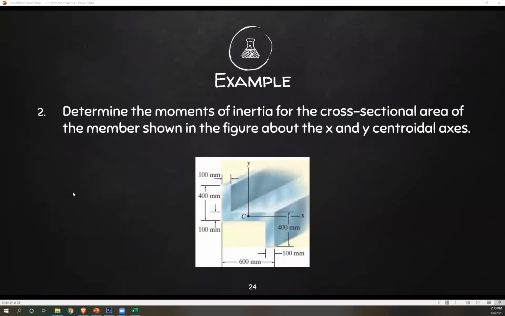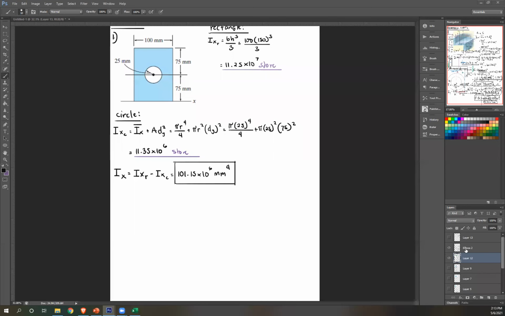Determine the moments of inertia for the cross-sectional area of the member shown in the figure about the x and y centroidal axes. So we're looking for 2 things: the moment of inertia about x and about y centroidal axis. Okay, let's solve.